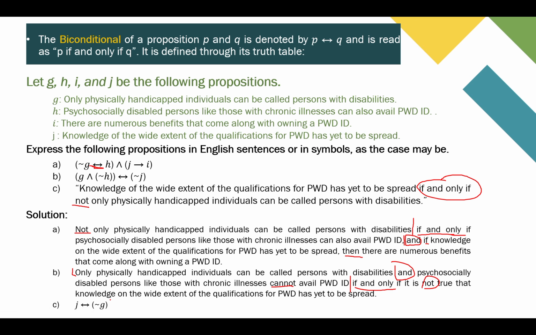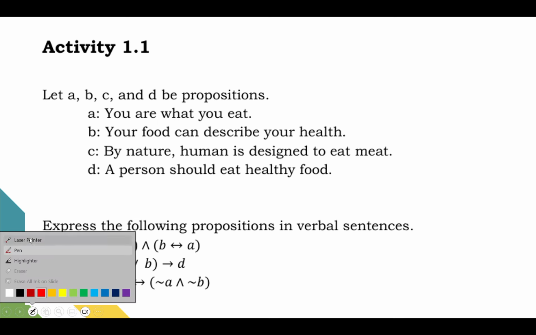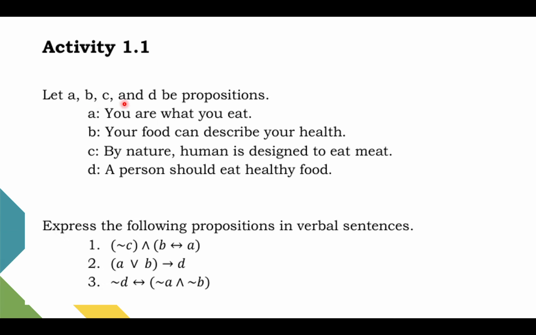Alright? So, I hope you get all the logical operators as well as how to perform them, because you are going to do activity 1.1 for the logical operators. Let me use the laser. Let A, B, C, and D be propositions. This statement is rather simple so that your sentences or statements will not be too long.